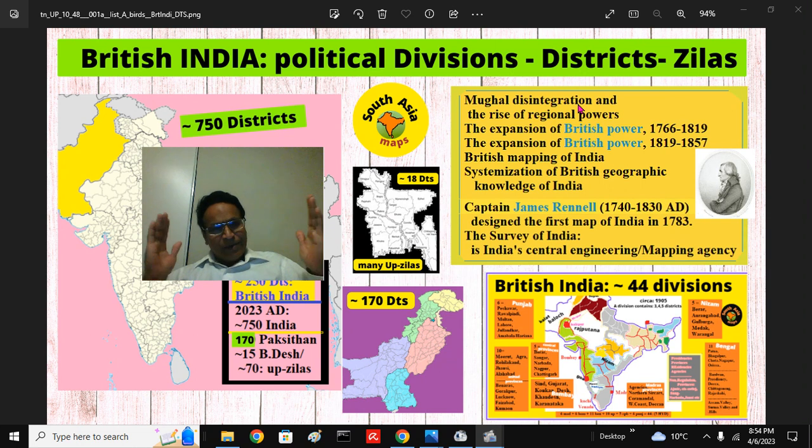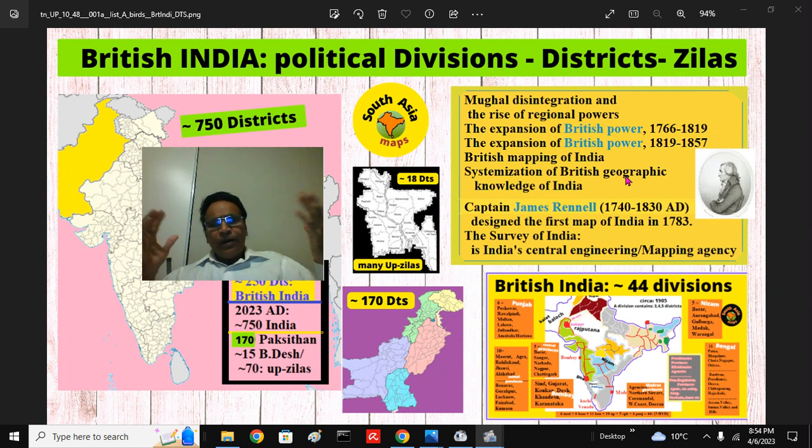How this concept of the districts consolidation came is very easy. Mughal Islamic invaders ruled, Islamic conquistadors, and later the Maratha resistance at Panipat collapsed. Then the British conquistadors, after Plassey, conquered much of India, and after the Sepoy Mutiny, they started consolidating the entire region and divided it into units called districts, called jillas.